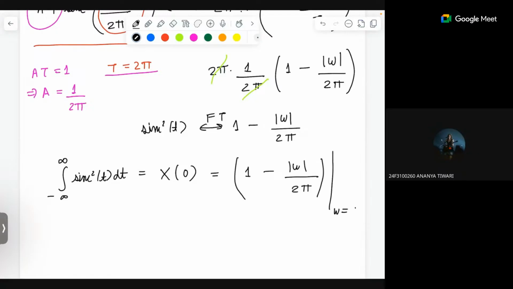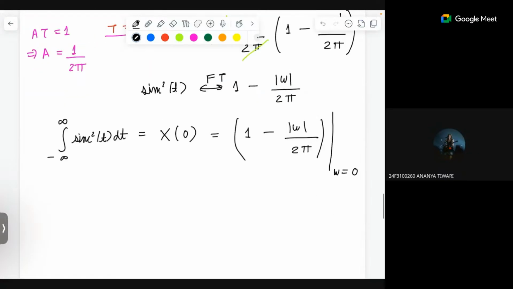I have to put omega equal to 0 here. If I put omega equal to 0, what will I get? 1. So we got the answer, which is 1.